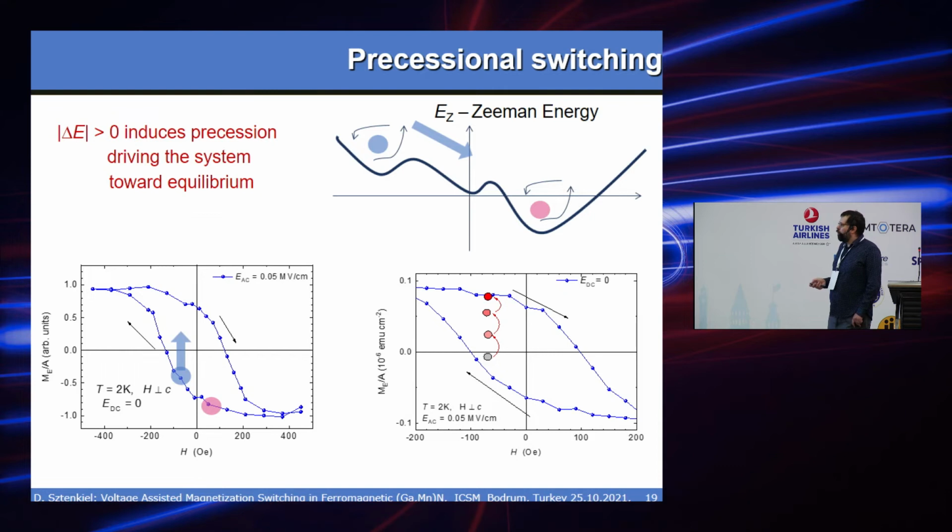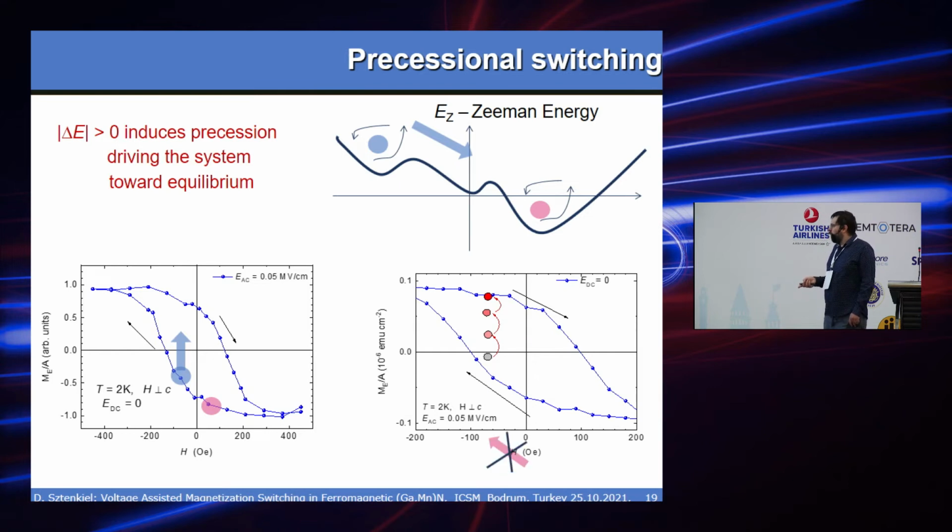And by changing DC voltage, we change the magnetic anisotropy, and so we change the effective magnetic field acting on manganese spins, which induces the precessional motion of the magnetization, which drives the system toward the equilibrium position, toward the minimum of the Zeeman energy.